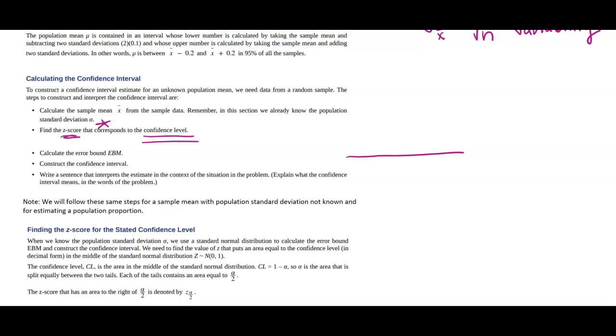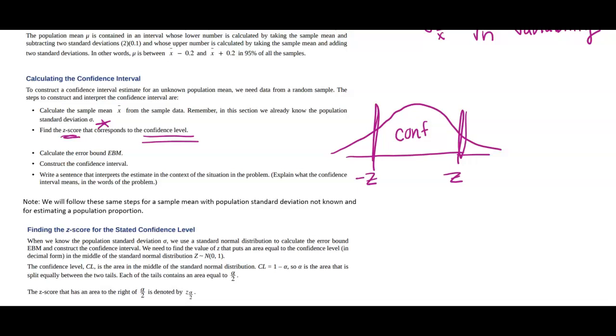We might be at 95%, we might be at 90%, so whatever that confidence level is, you need to find the z-scores that correspond with it.